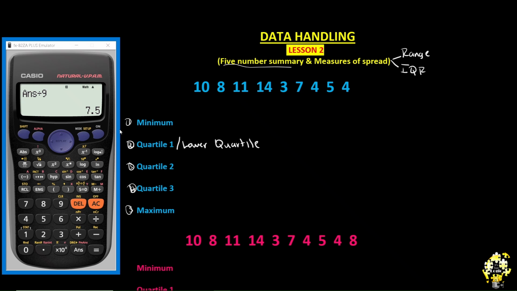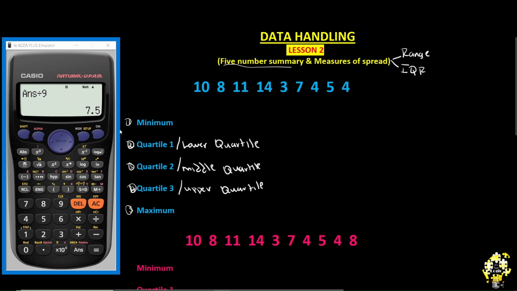Quartile 2 can be known as the middle quartile, and quartile 3 can be known as the upper quartile. Now, this is not the only way in which they can be known.